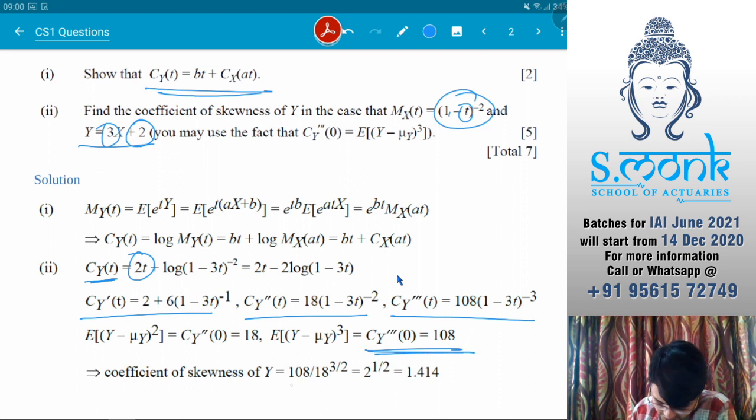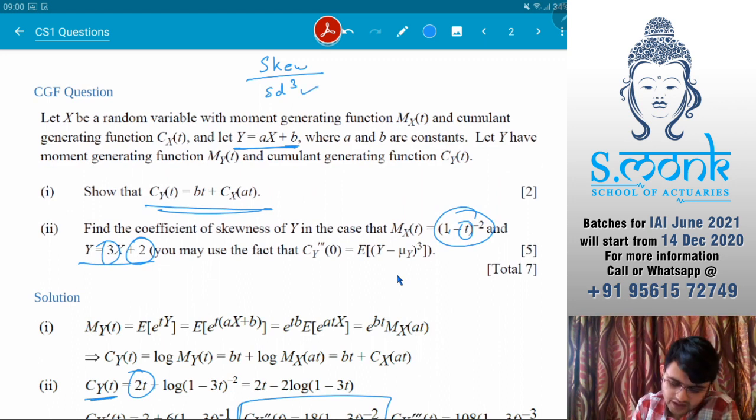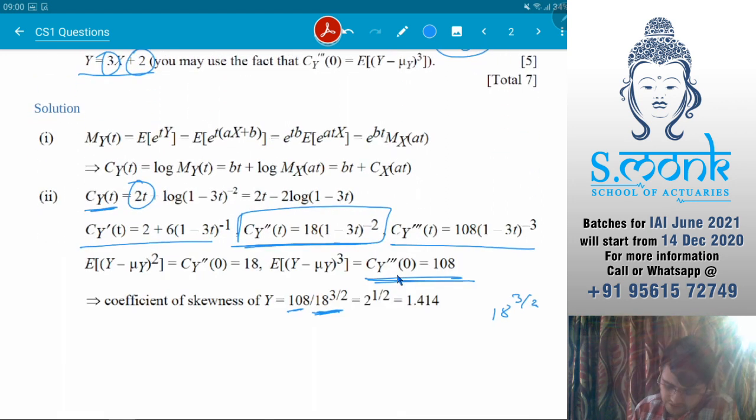Coefficient of skewness is this much divided by this much. We get this from variance. Put t equals 0 here. Your variance is going to be 18. So standard deviation would be root 18, or you can say it would be 18 raised to 3 by 2 when you are finding standard deviation cube. So this gives you the coefficient of skewness.